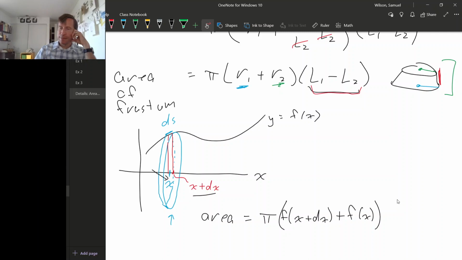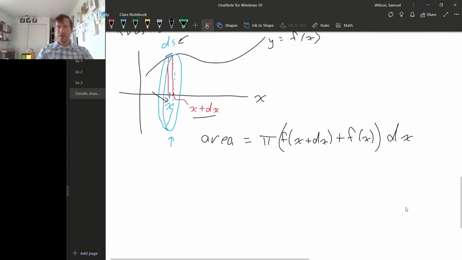And L1 minus L2, that's the side length of the frustum, but that's ds. Okay. So, sorry, ds, not dx.